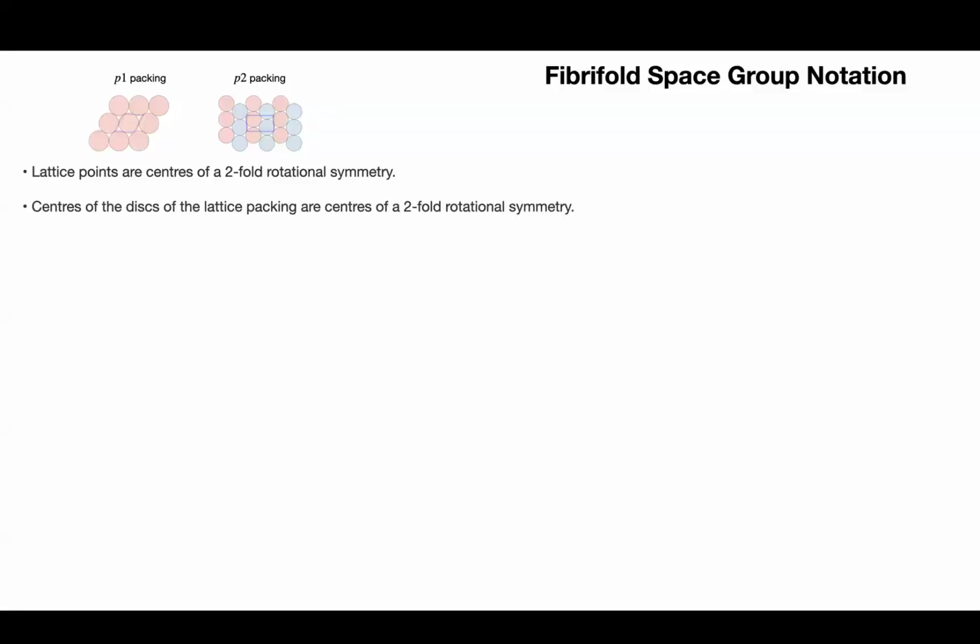P2, in some sense they are the same, but there is a twofold rotational symmetry or inversion. The lattice points, the blue parallelogram in P1, are actually the centers of twofold rotation, which in P2 are the centers of the spheres.